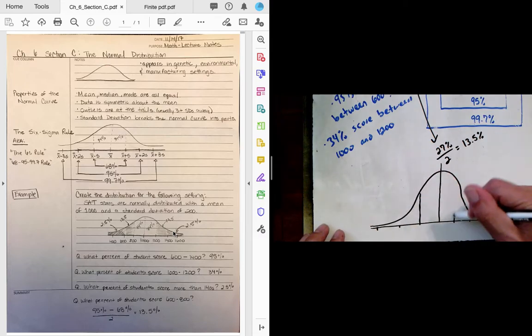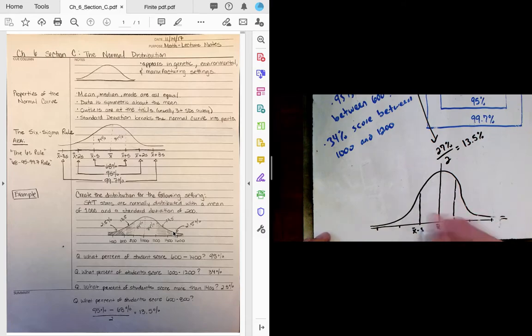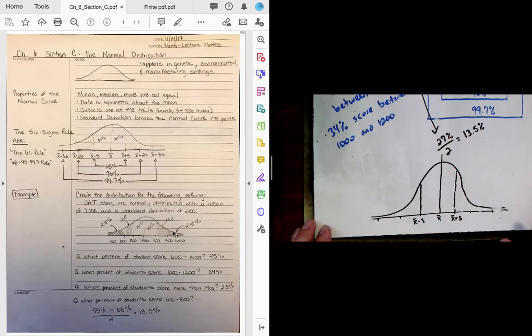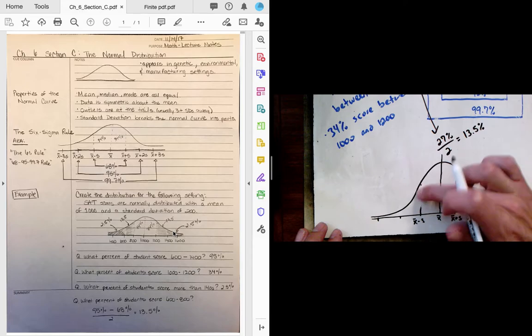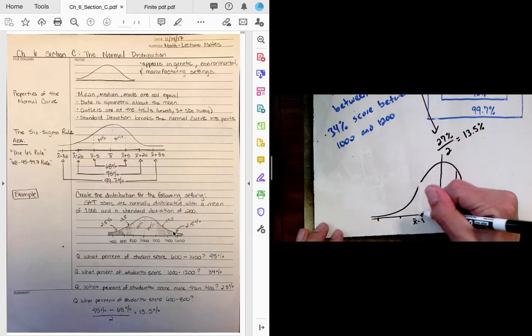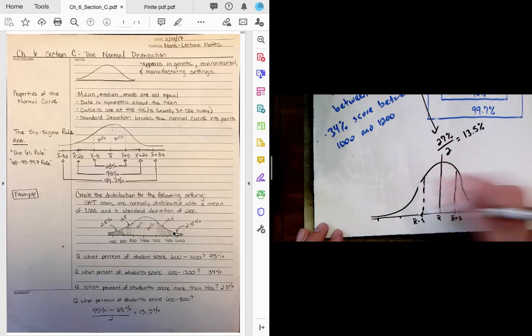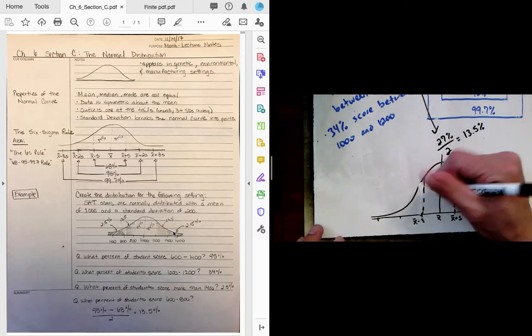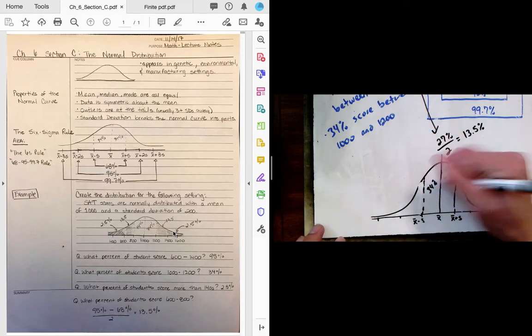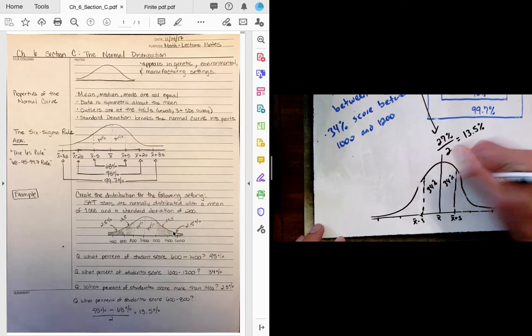So remember we said that this area right here was 68% if I go from the mean to 1 standard deviation in each direction. I'm going to take that value and split it up, cutting it in half. So I'm going to say that 34% lies here and 34% lies here.